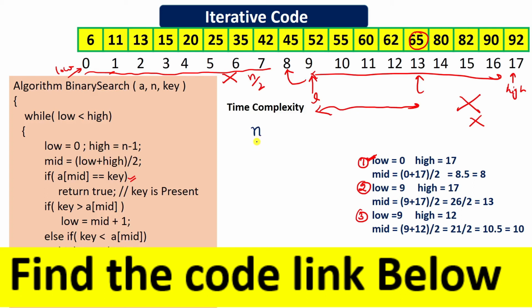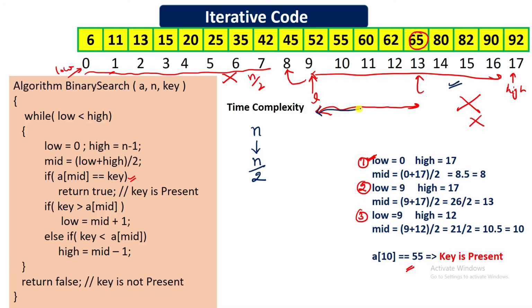After that you said, okay, I will just check n by 2 elements. Then after finding the midpoint, you check only the remaining half of the current n by 2 elements, that is n by 4 elements only. Then you keep on doing this, half of n by 4, that is n by 8, and at last you will be left with only one element, right?